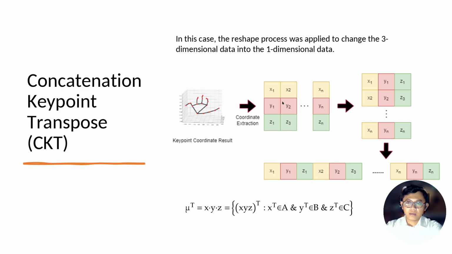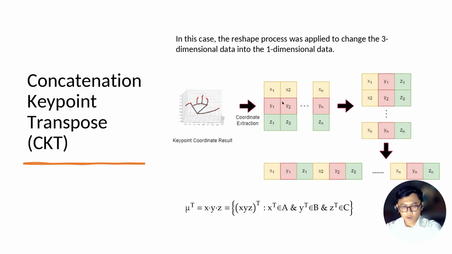Then we transpose that array, and after we transpose, we concatenate one by one: x1, y1, and z1, followed by x2, y2, and z2, until we get all of the hand key point coordinates.